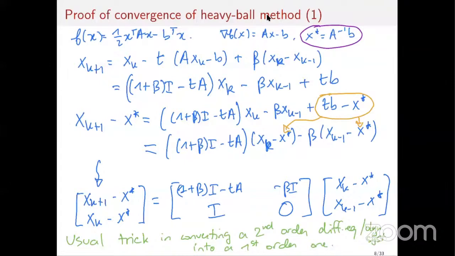Okay, so let me rewrite this dynamical system just here. What we have then is xk plus 1 minus x star and xk minus x star is equal to a certain matrix M times xk minus x star and xk minus 1 minus x star.